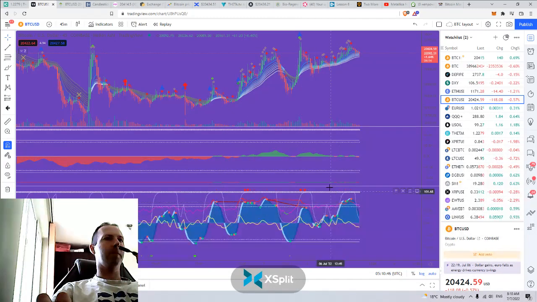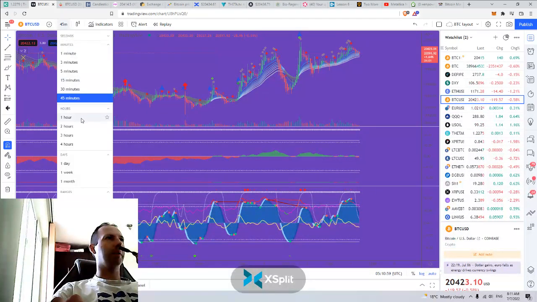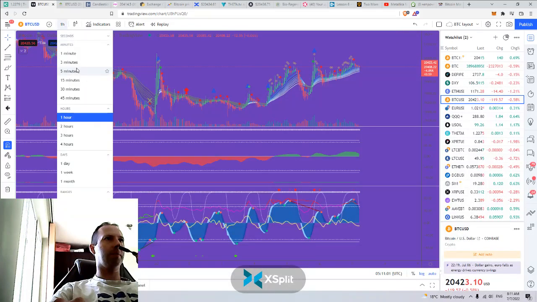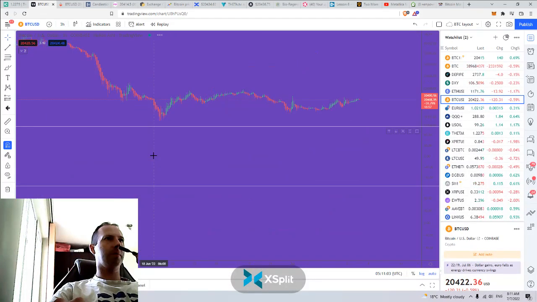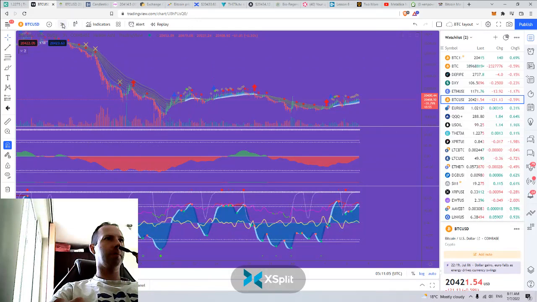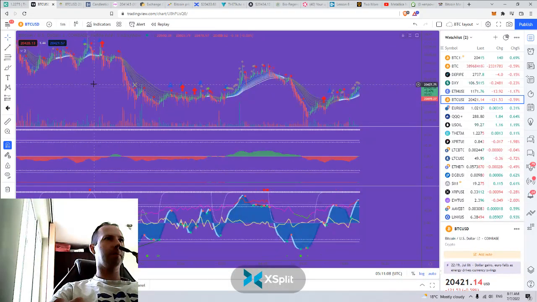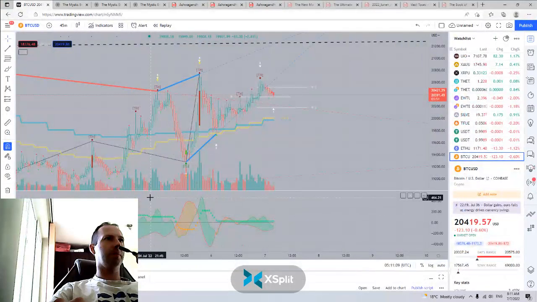On the 45 minutes, again, the money flow is very low and it looks choppy. We might have another wave up, but we might also crash down. I don't like this. On the 3 hour actually it's good for short, so let me see the 45 minute here.